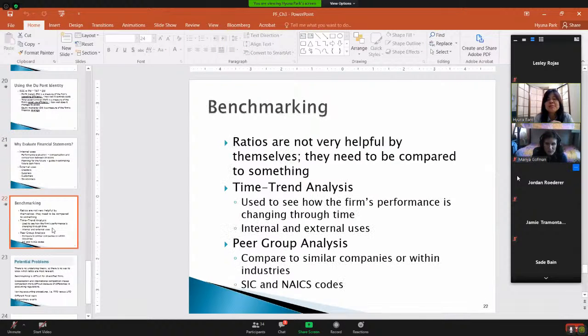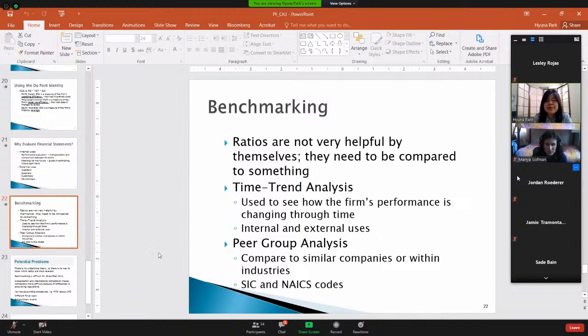Now, benchmarking financial ratios. When we calculate financial ratios, the number itself may not tell a lot of story. So it's useful when we compare the ratio of a company with others.